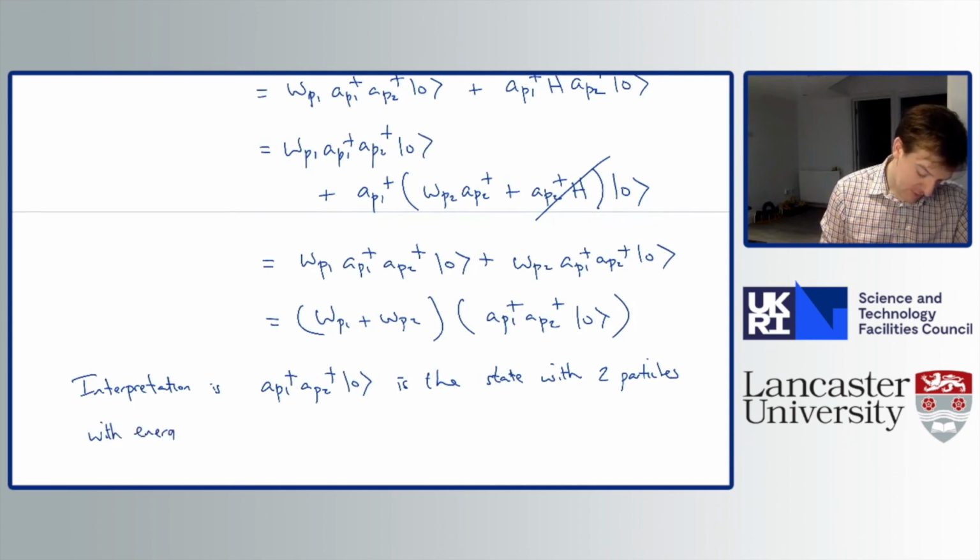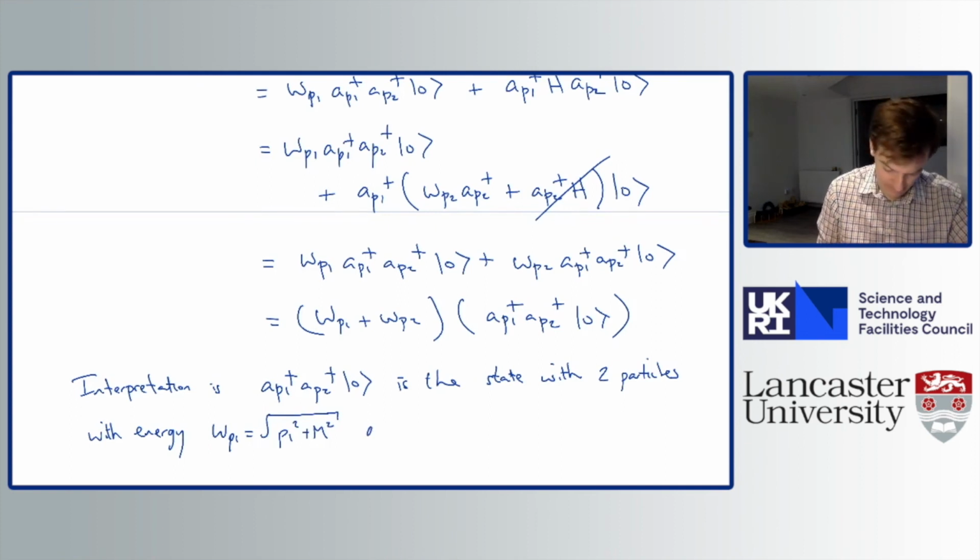The energy of particle 1 we would call omega_p1, which is the square root of p1 squared plus m squared. And omega_p2 is the square root of p2 squared plus m squared.